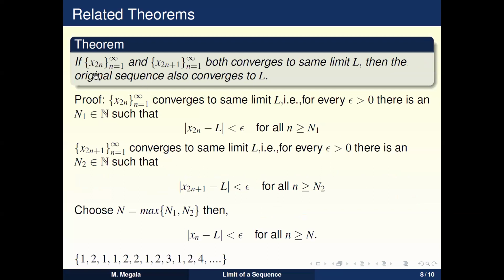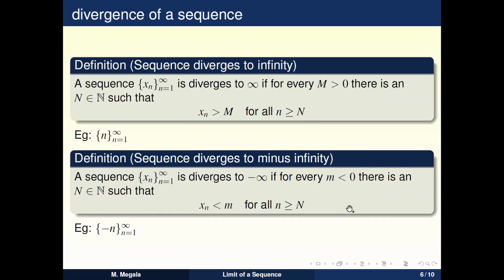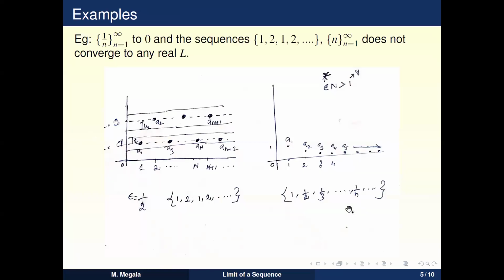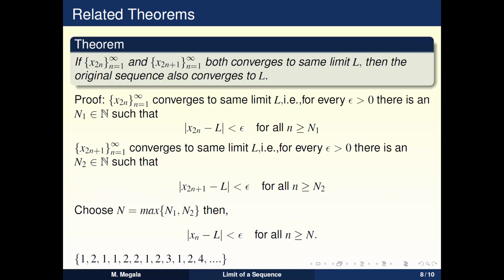Okay. Now, when we have two subsequences or a few subsequences converging, we still cannot say the sequence converges, because we have the counterexample. But when can we say it?